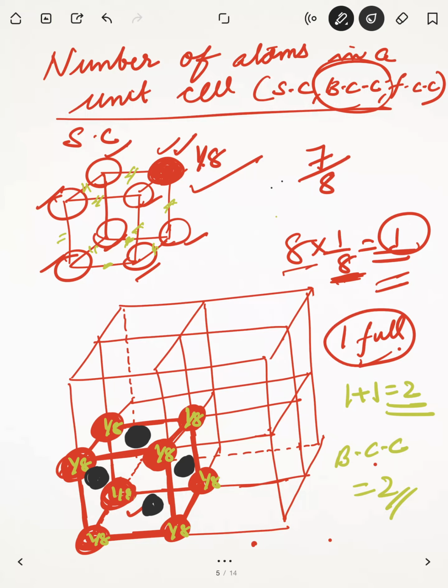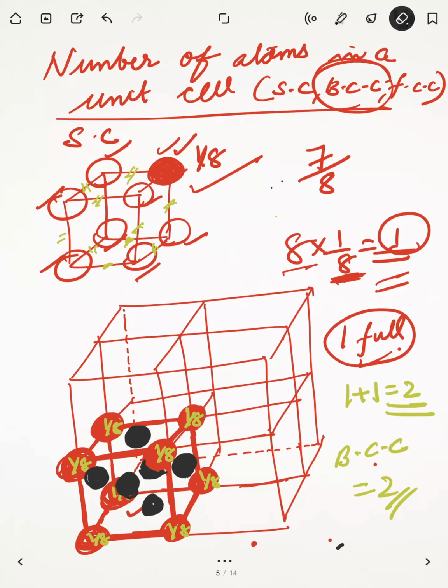Now one face is there in front, that is the front face, and the back face. Okay, so here 6 atoms you can see. These all are to be drawn with red only. To know the location, I am showing with this black color.